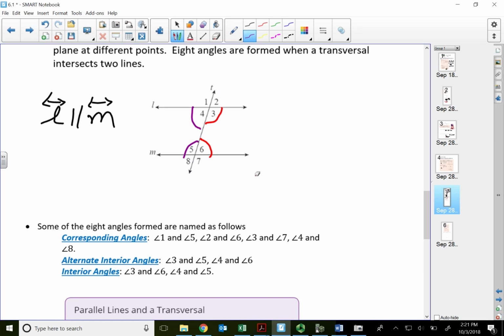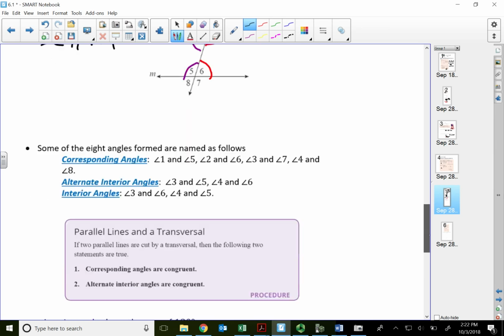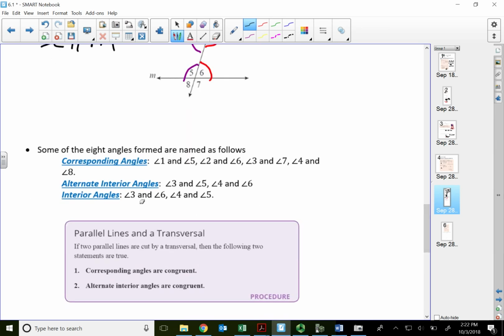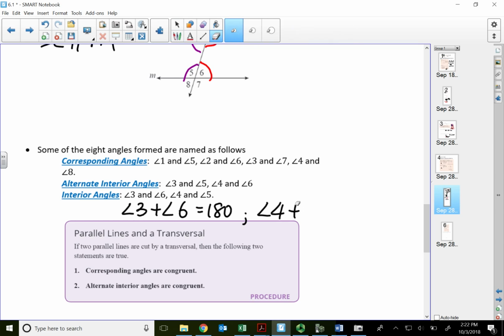They are between the two parallel lines on the same side of the transversal. Interior angles always have a sum of 180 degrees. So angle 3 plus angle 6 will equal 180. Angle 4 plus angle 5 will also be 180.